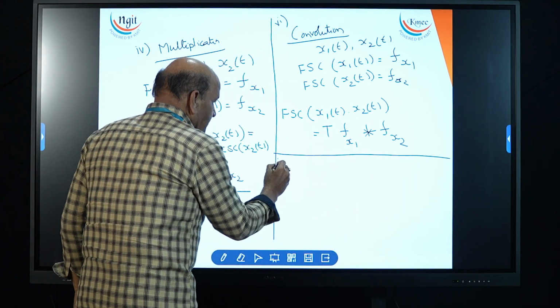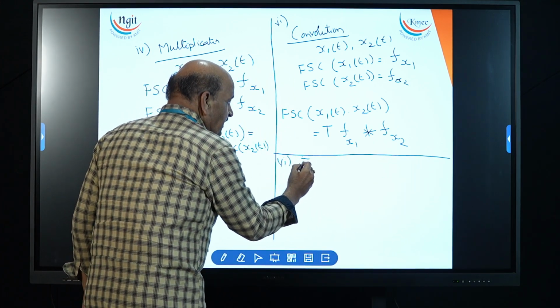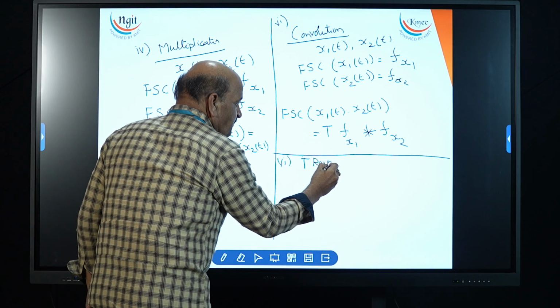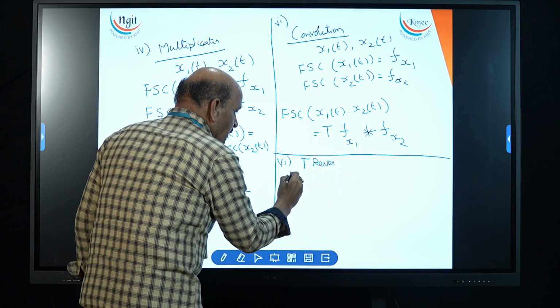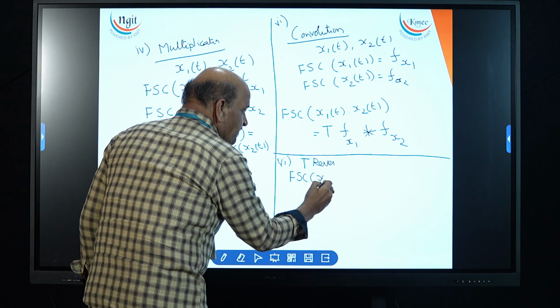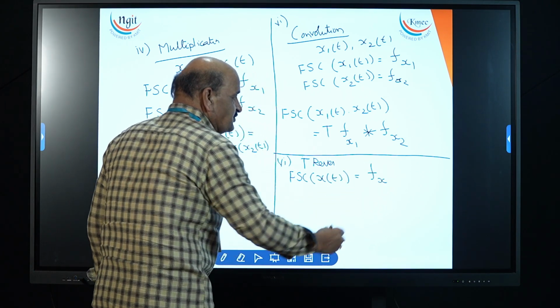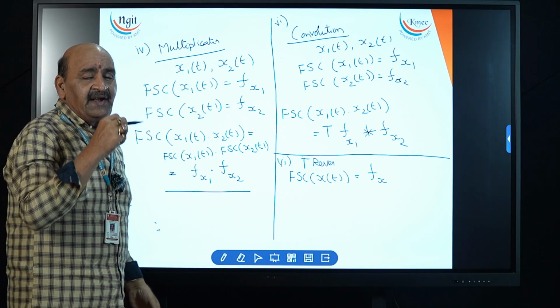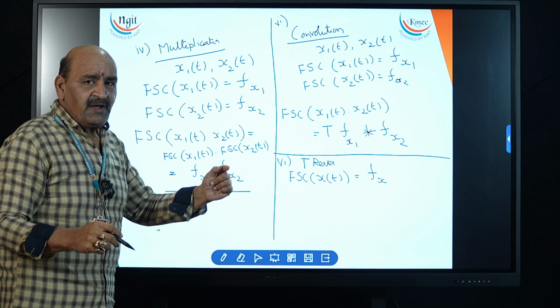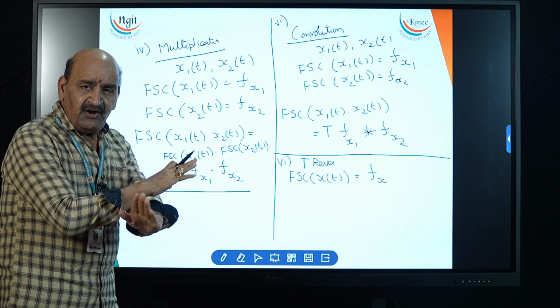The last property is called time reversal. Just look at the Fourier series coefficient of any one signal you take, that is equal to f of x. Time reversal means just keeping a negative sign before the independent variable t.